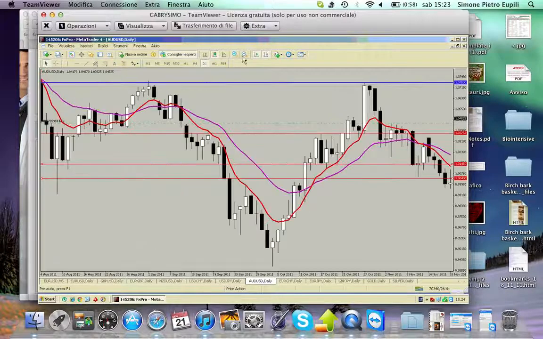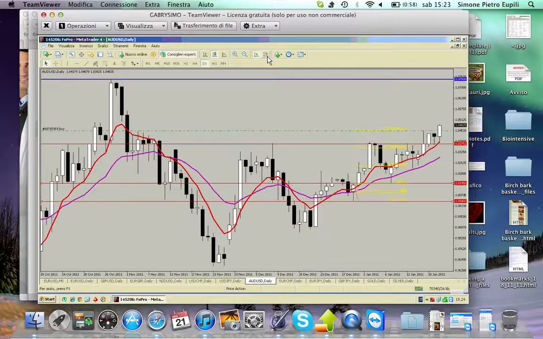After we enter a trade we try to set and forget it until it reaches our target or our stop loss. This is the most important thing that I will show you. This could be our first trade of this uptrend.